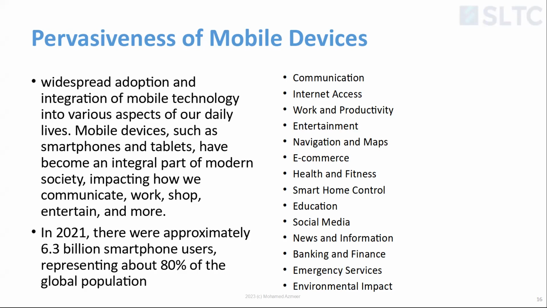So lots of different things come into the smart home. So education, social media, news, banking, emergency, and also, of course, environmental impact. So mobile phones are everywhere in this list. They're everywhere. Actually, mobile computing, I would say, not mobile phones.